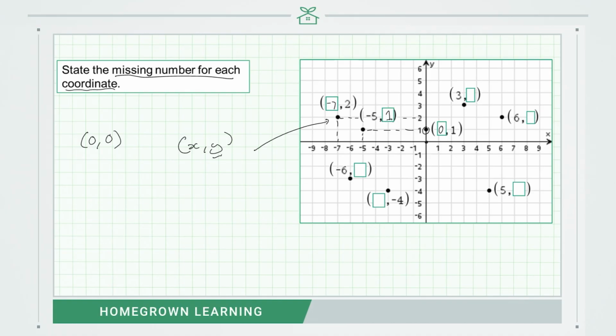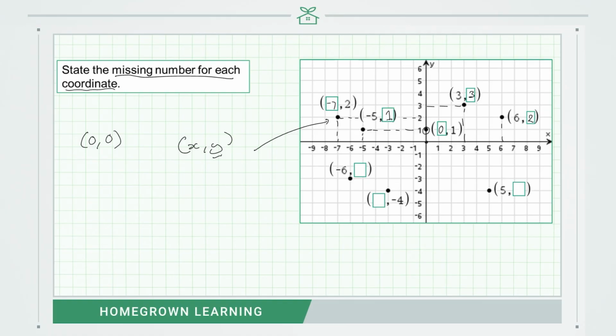That's this point here. For this point, we can see that we've gone across 3 and we've gone up 3. For this point, it is across 6, and it is up 2.